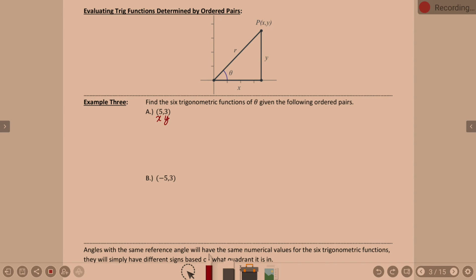Or let's use this picture. From the origin, we're going to go right 5 and up 3. And then we get to this point that is the ordered pair (5, 3). When we talk about these points, we're thinking in terms of forming a right triangle.